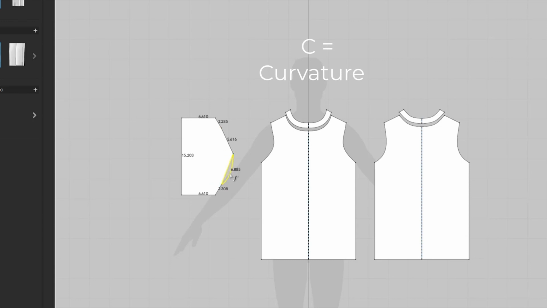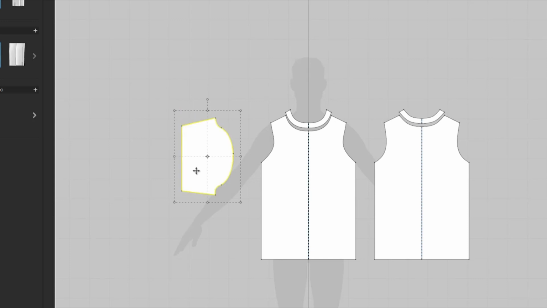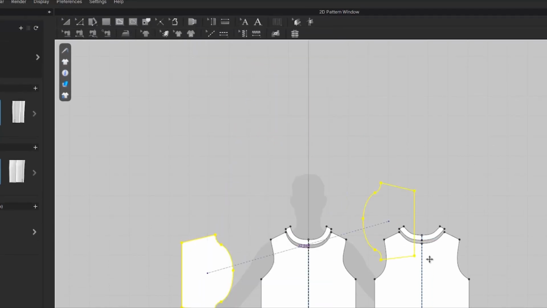Click C for the Curvature tool to round the sleeve cap. Right-click the sleeve and choose Symmetric Pattern with Sewing. Position the sleeves using the gizmo.